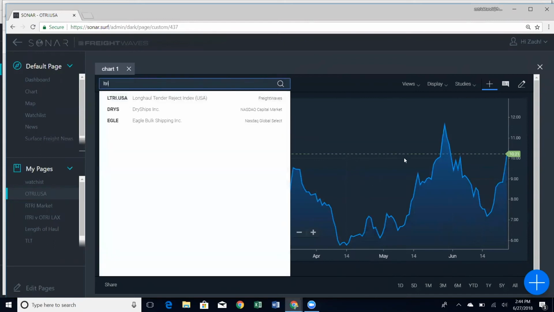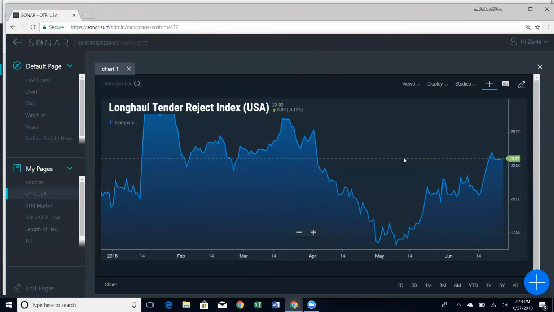I'm going to go ahead and just pull up the other extreme of this, the long haul, which is anything that's over 800 miles. So again, there's definitions of all of these indices on the SONAR website. It'll give you a breakdown by which type, what they mean, what's useful about it.